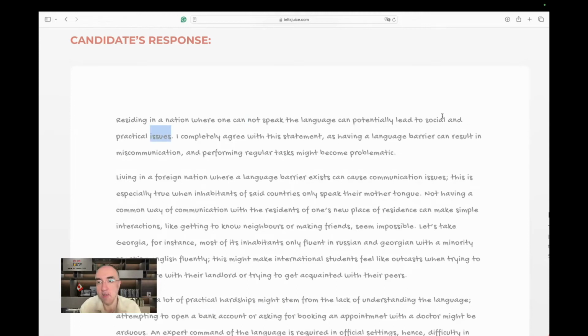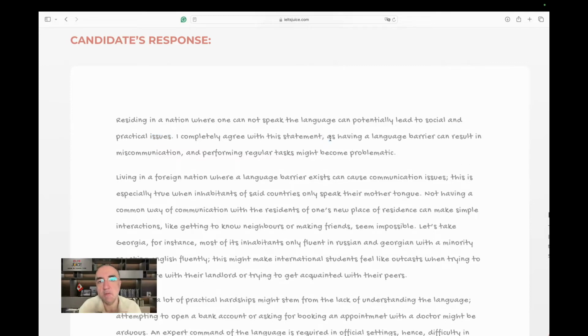I like the fact that you are mentioning social and practical issues at the same time. I completely agree. So on that spectrum, you're all the way 100% to the agreements part. I completely agree with this statement.